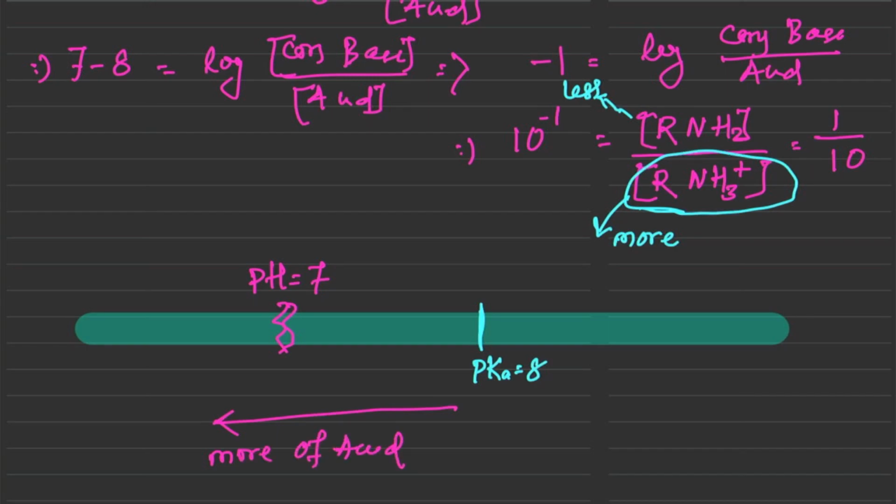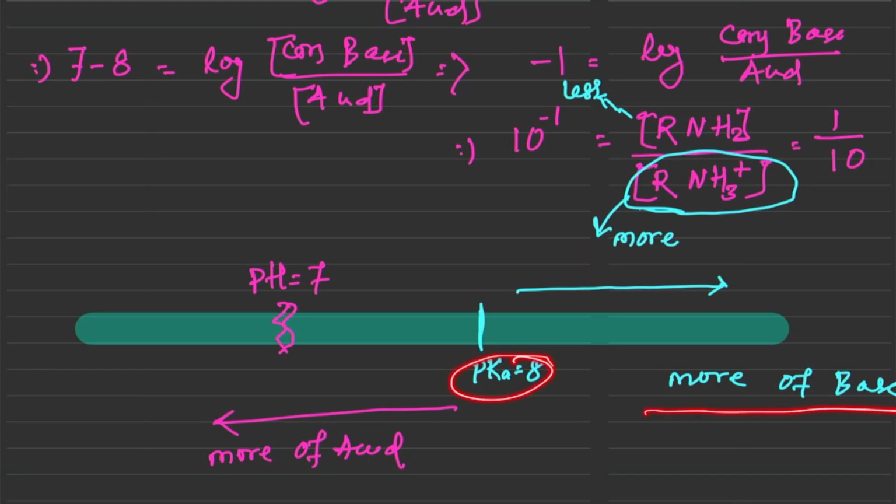If I had asked what would happen at pH 9, then you would get more of conjugate base. Anything higher than the pKa, you're going to get more of conjugate base. Anything below the pKa, you're going to get more of acid.